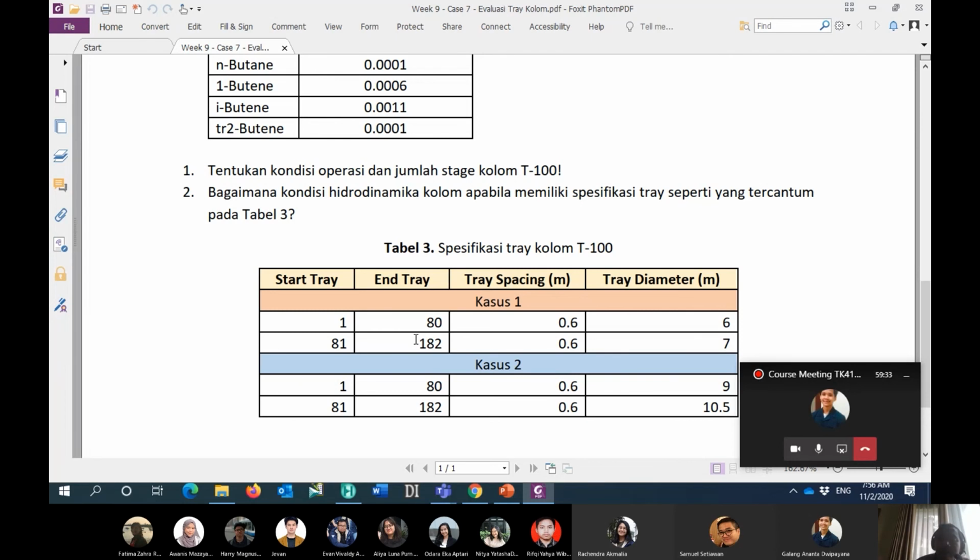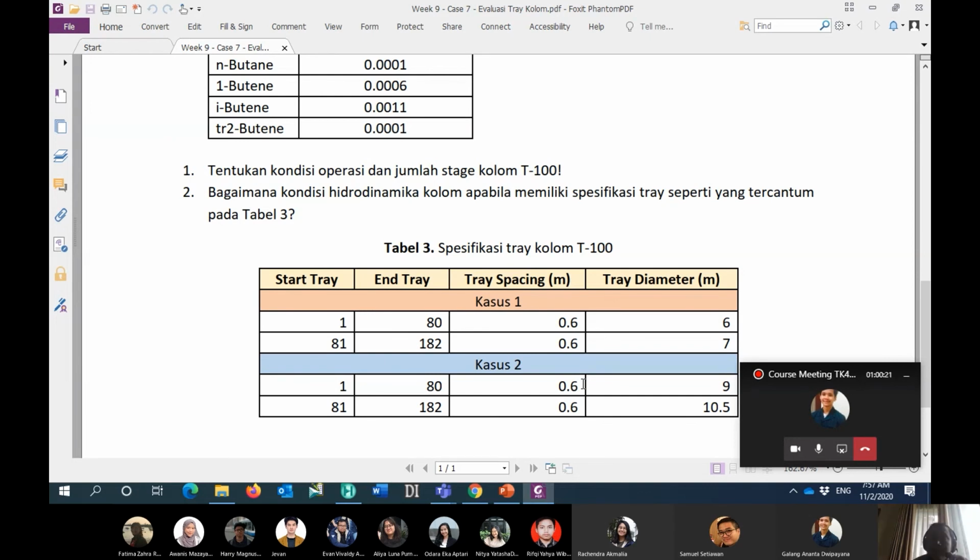We define the tray spacing as around 0.6 meters, with tray diameters of 6 meters for the enrichment section and 7 meters for the stripping section. For case number 2, it is almost similar in terms of tray spacing.